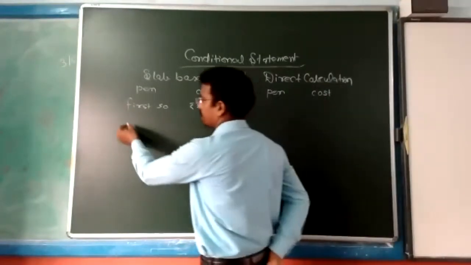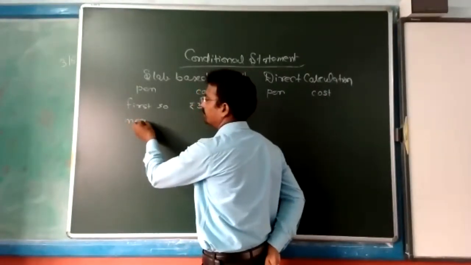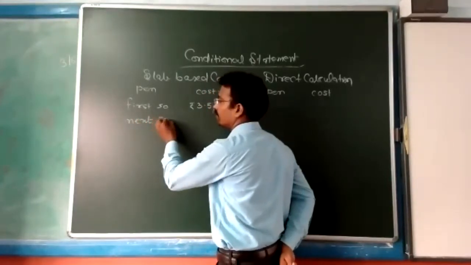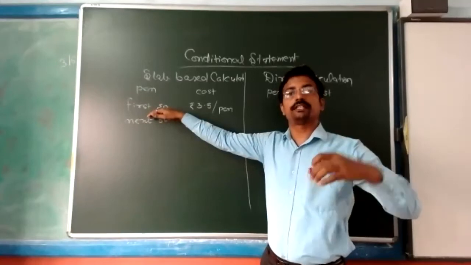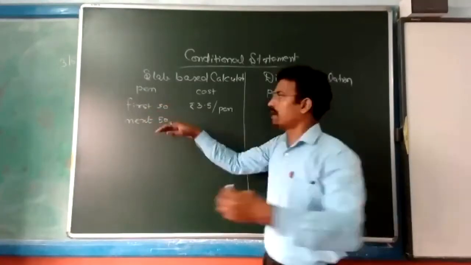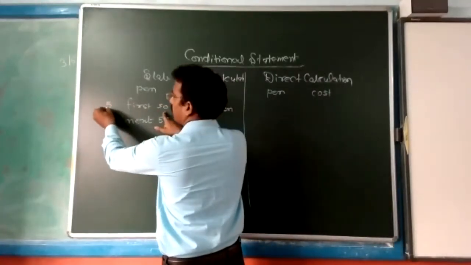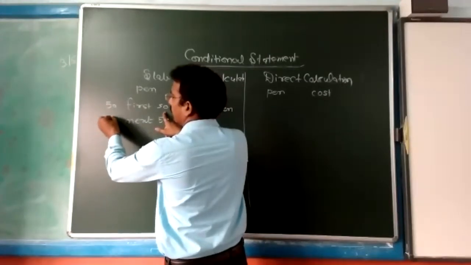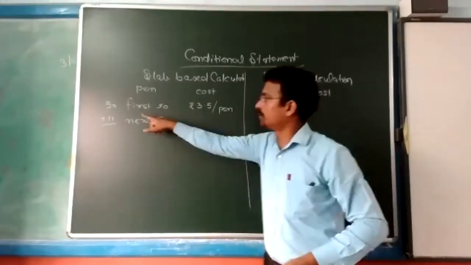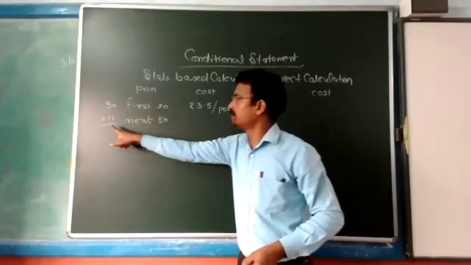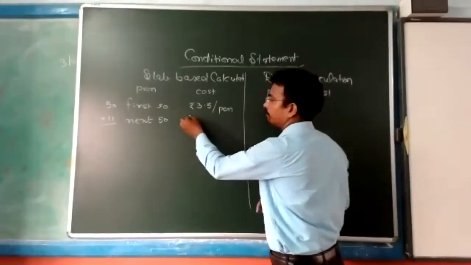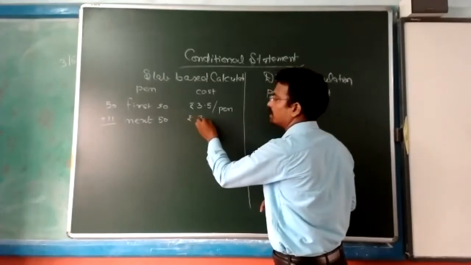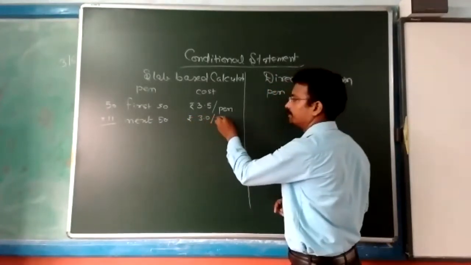Next, suppose you are taking 61 pens. So 61 means 50 plus 11. The first 50 will fall in the first condition and the remaining will fall in the second condition. So here you will pay 3 rupees per pen.